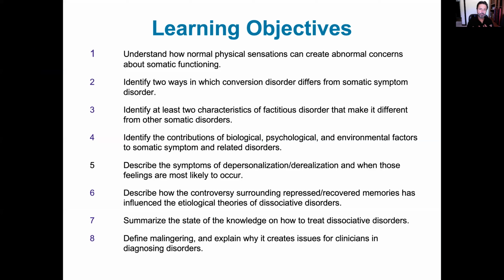Oftentimes called conversion disorders, where a psychological issue is converted into a physical symptom. And we'll talk about that. We're going to talk a little bit about the dissociative disorders, the amnesic disorders, and DID, dissociative identity disorder.